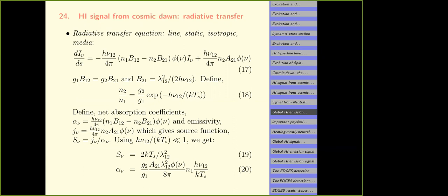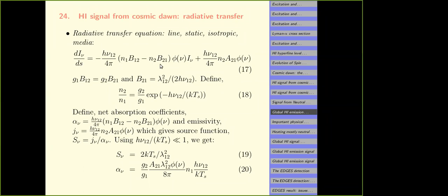So what I have done is I have written here an equation for line emission in a static isotropic medium. This is the equation for the evolution of specific intensity along the line of sight. On the left hand side, s is the line of sight. You are sitting at S2, and the signal is coming from everywhere between S1 and S2, where S1 is some further off point.